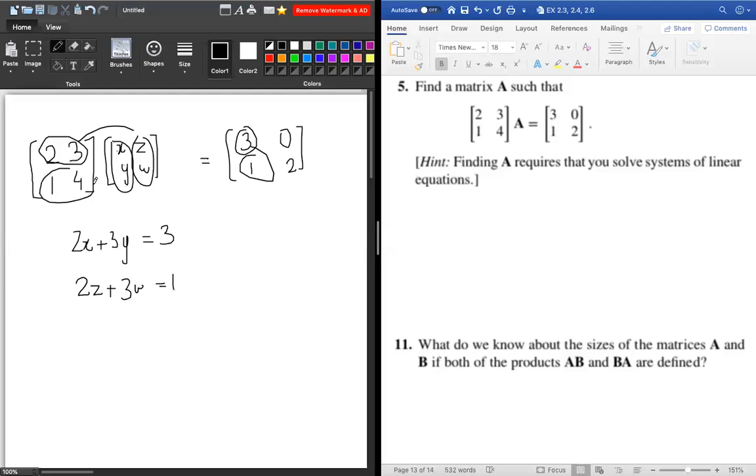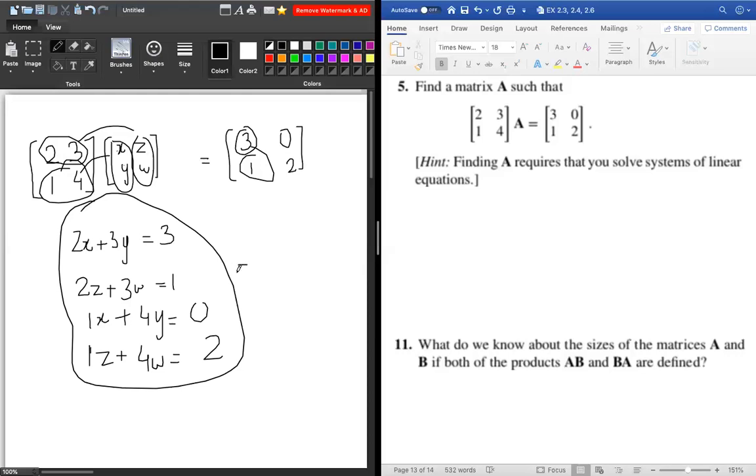Then we do the same thing with the other row: 1x plus 4y equals 0, and 1z plus 4w equals 2.